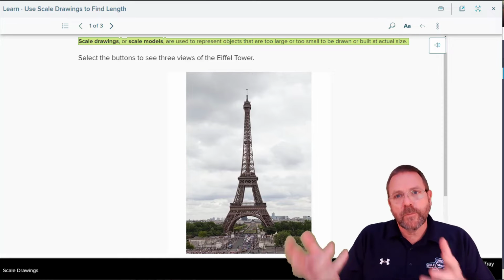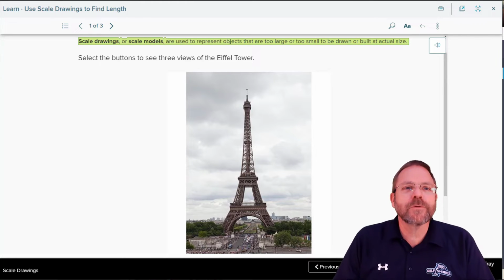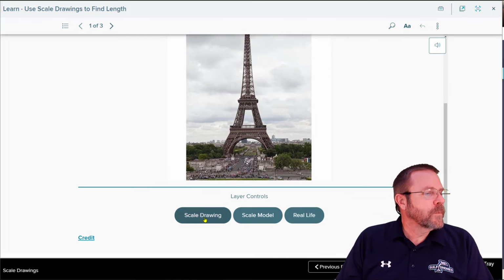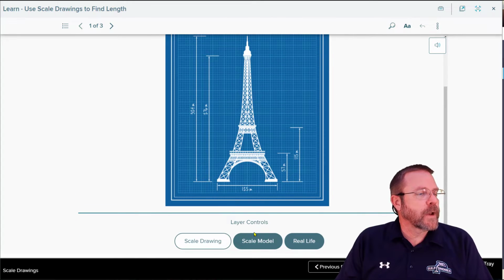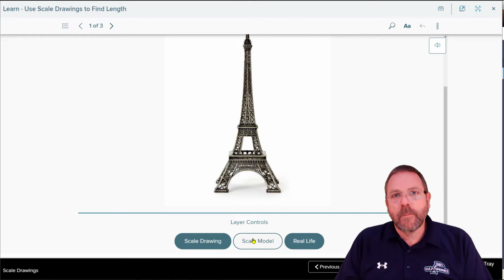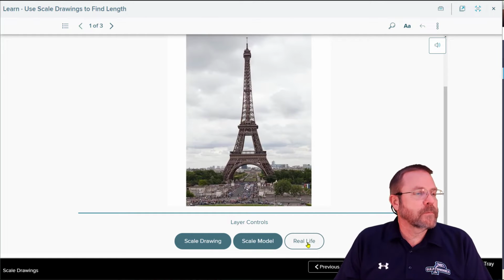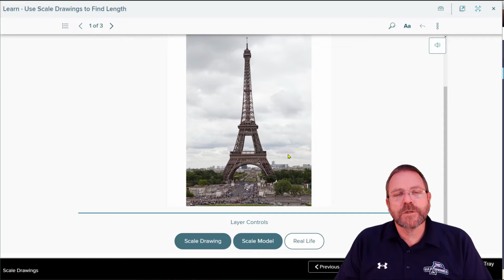We'd have to have something a little bit smaller, a scale drawing to do it with. So from here, you can see there's a scale drawing of the Eiffel Tower. Here is going to be a model of the Eiffel Tower, and then there's a picture of the Eiffel Tower, which technically is still going to be a scale image because it's not life-size, but hey, that's what the real Eiffel Tower looks like.